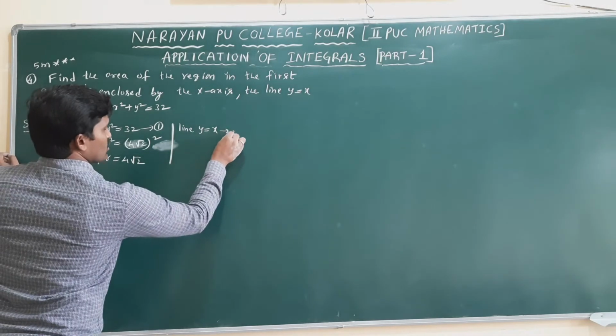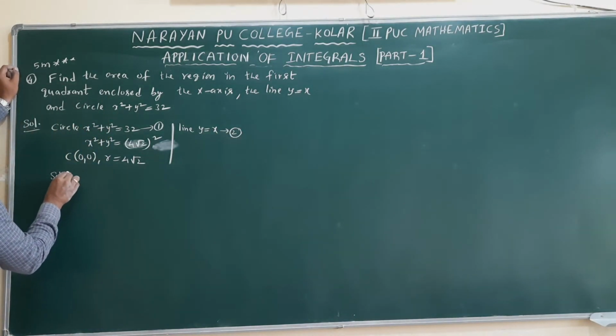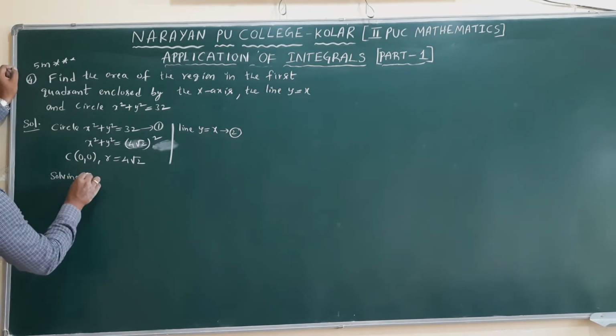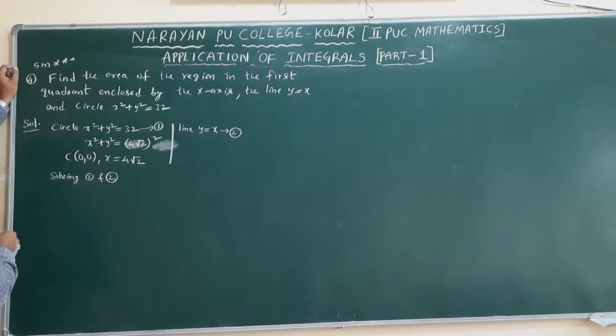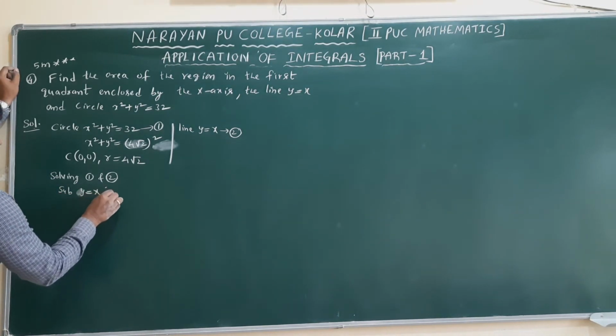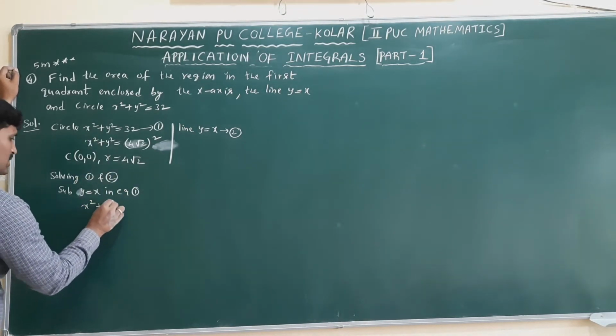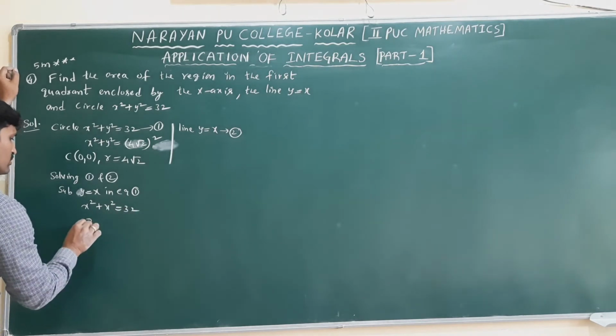I'll solve 1 and 2. Solving equations 1 and 2, how to solve? Substitute y equal to x in equation 1. In place of y substitute x only, equal to 32.